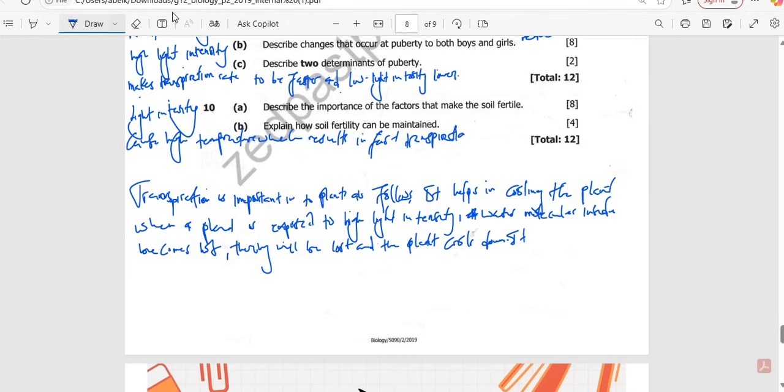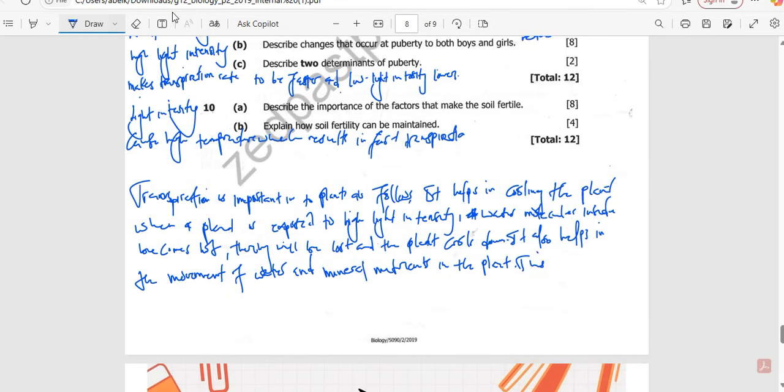So we say it also helps in the movement of water and mineral nutrients in the plant.